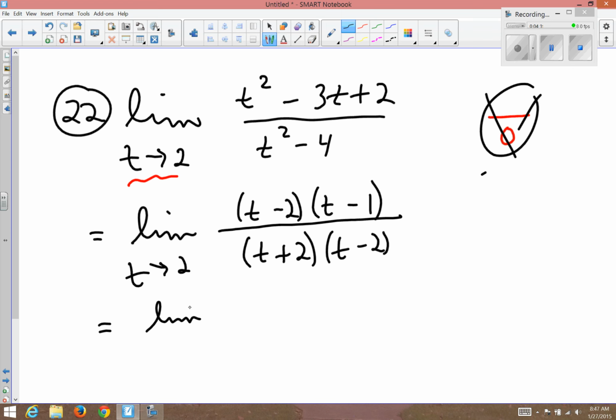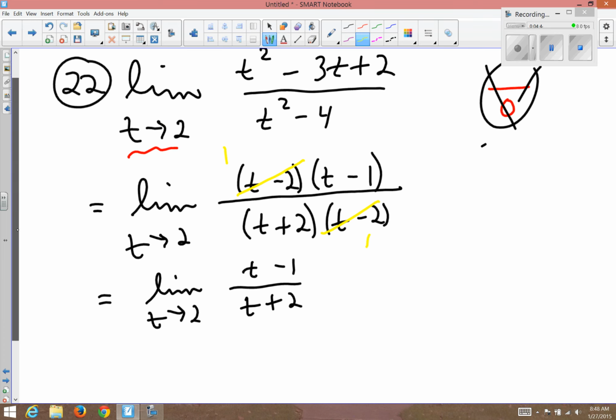Bring down the limit as t approaches 2 of t minus 1 over t plus 2, because t minus 2 divided by t minus 2 is 1 over 1. Anything divided by the same thing is 1 over 1.